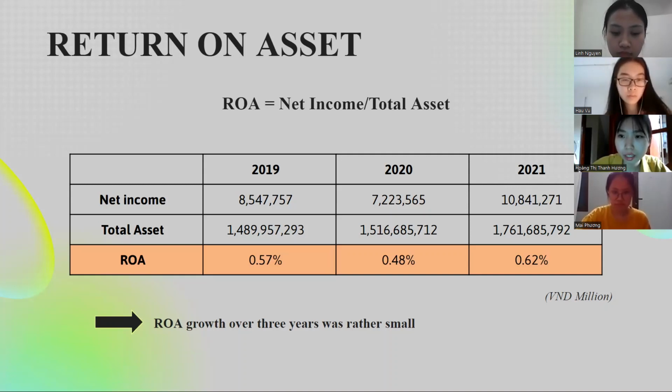Generally, the ROA increased from 0.57% to 0.62%. However, there was a downward movement of ROA in the year 2020 compared to the ROA in the previous year. And the decrease is not a warning signal, as ROA bounced back and increased to 0.62% in 2021.